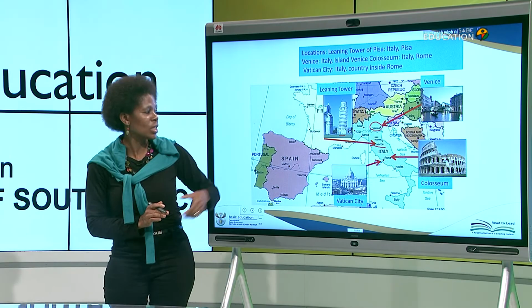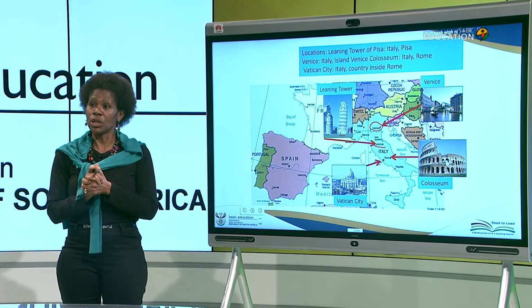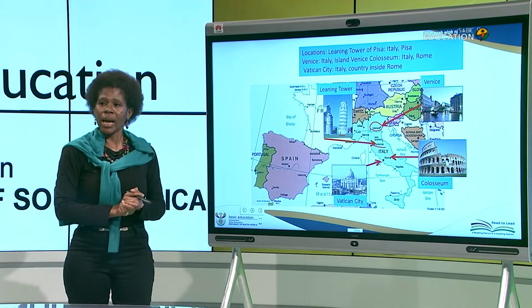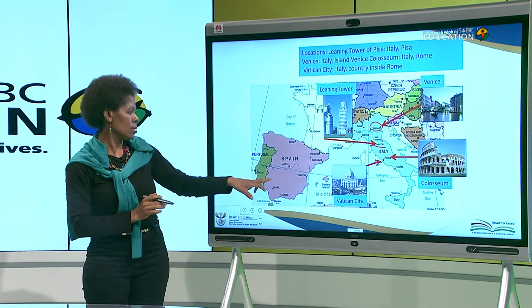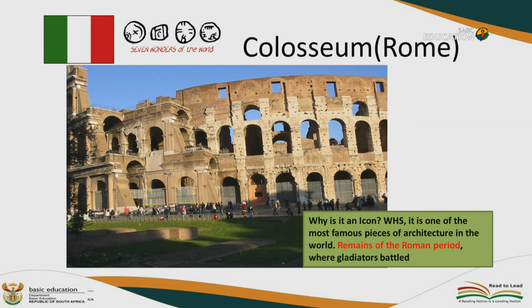Also, it is found in Vatican City as a small kingdom. So these are the icons that are in Italy, in Europe.